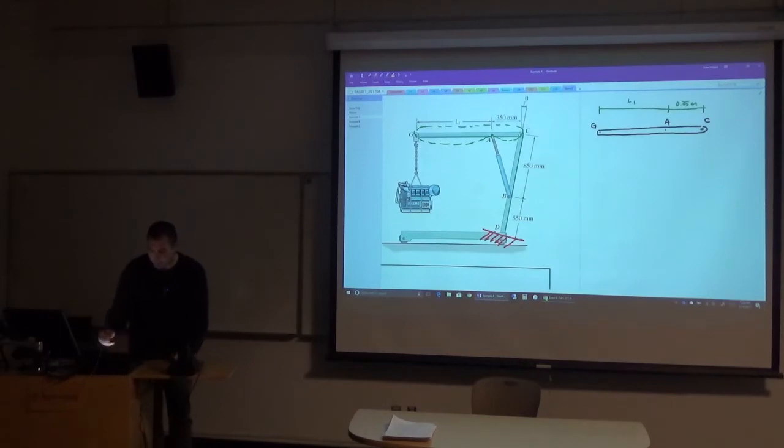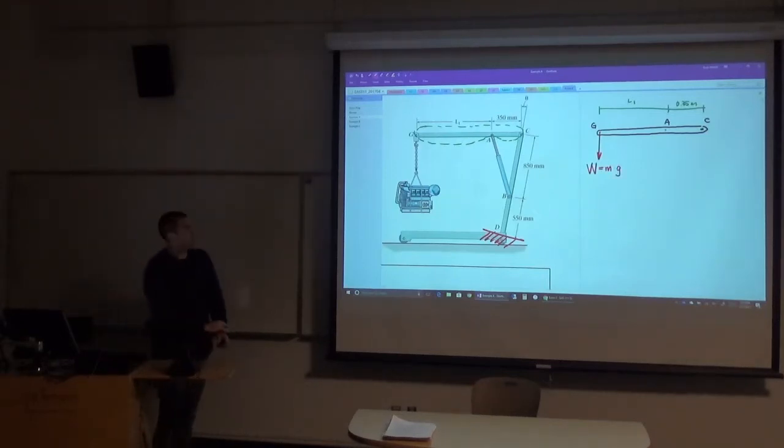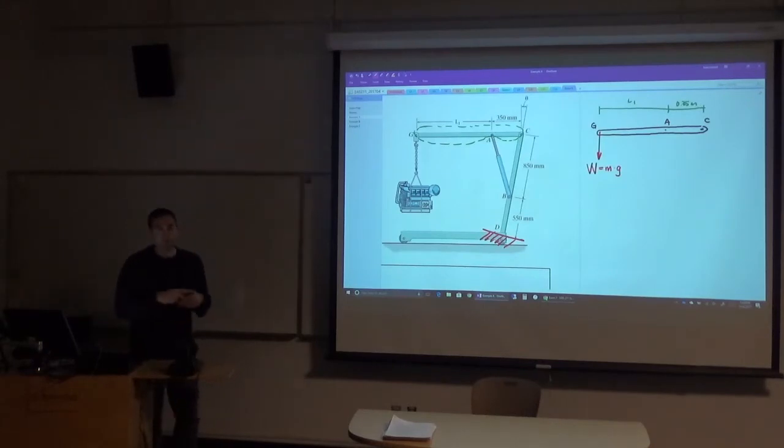So I can omit that, but we get some weight due to the motor equal to the mass times gravity. And that, like you said, is only going to be in the negative y direction, pointed downwards because it's an acceleration due to gravity, and that points towards the center of the Earth.